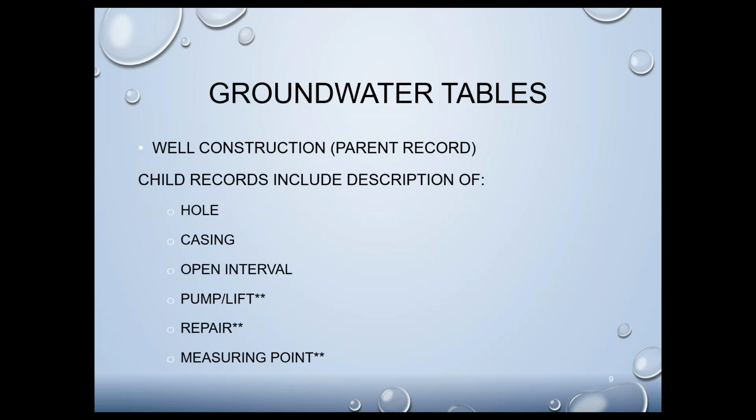Those child records include the description of the hole, the depth, the diameter of the hole drilled, the casing material, the casing depth, the casing diameter, and the open interval, where the well is open to the aquifer. It also describes what type of opening it is. Is it a screened well? Is it a steel screen, a PVC screen? That type of information gets stored in these tables.